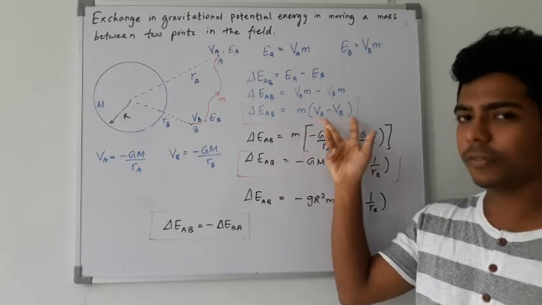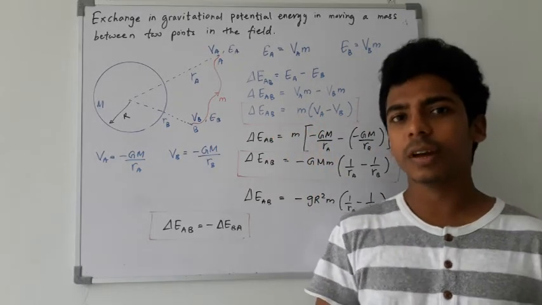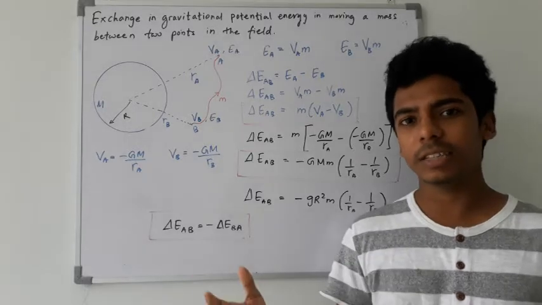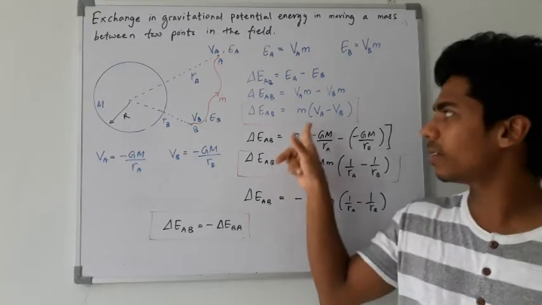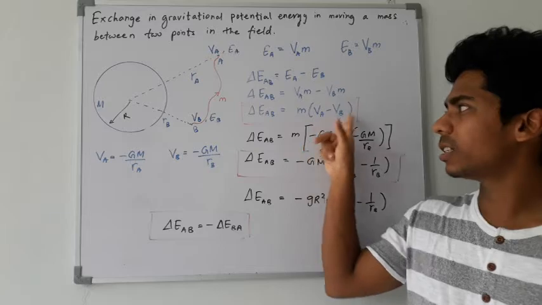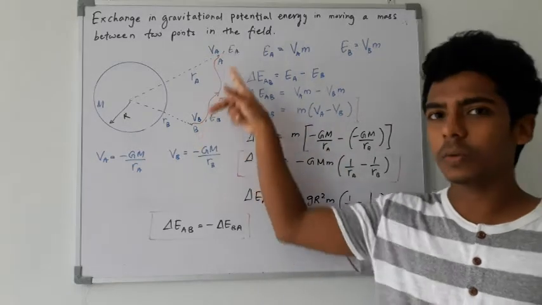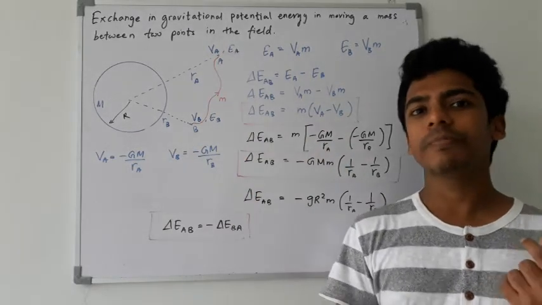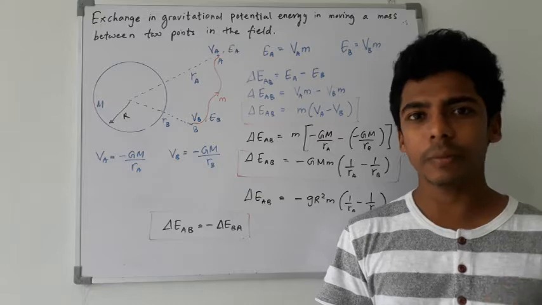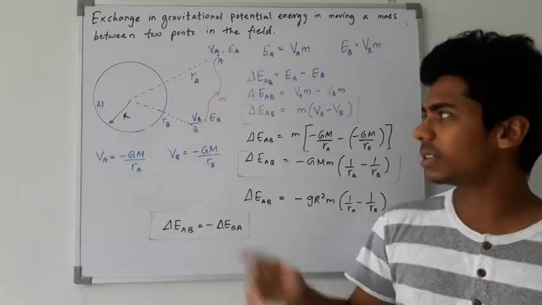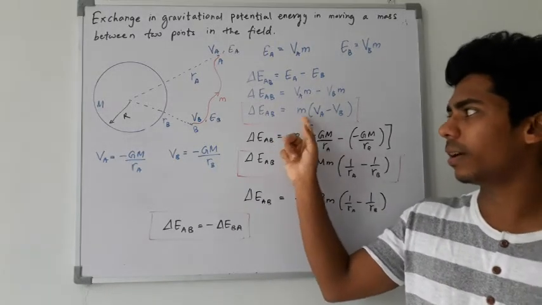This is the potential difference. So therefore you can get the change in energy by simply multiplying the mass by the potential difference. If you know the potential difference between these 2 points and the magnitude of the mass, then to get the change in energy you have to multiply them.